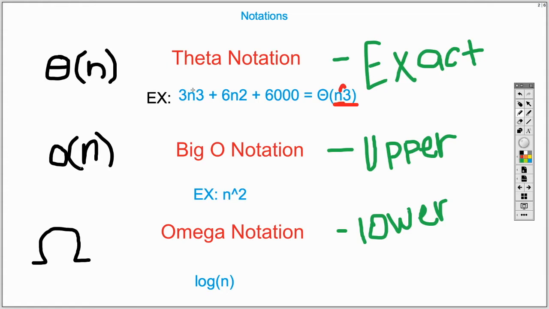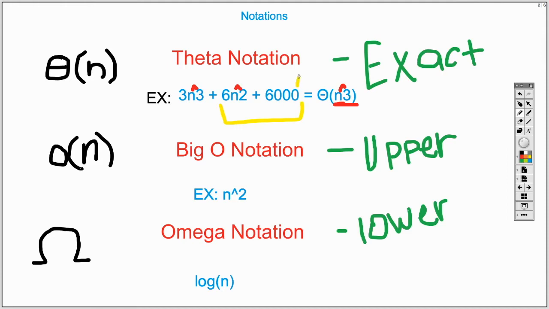This arrow means to the power 3, right? What theta notation basically means is that these numbers would be considered smaller, because this is n to the power 3.